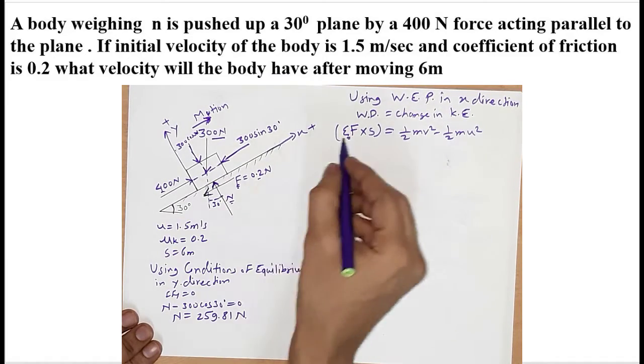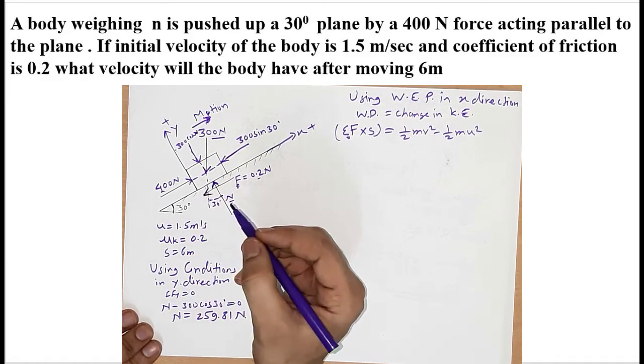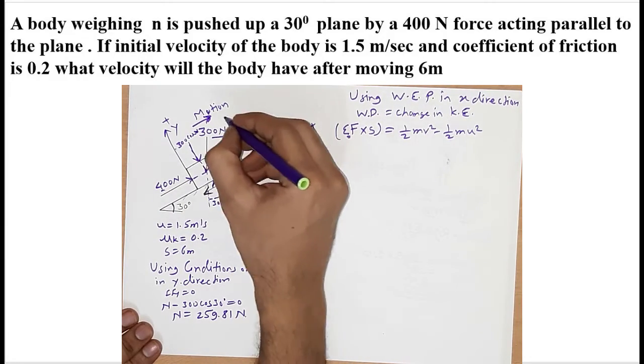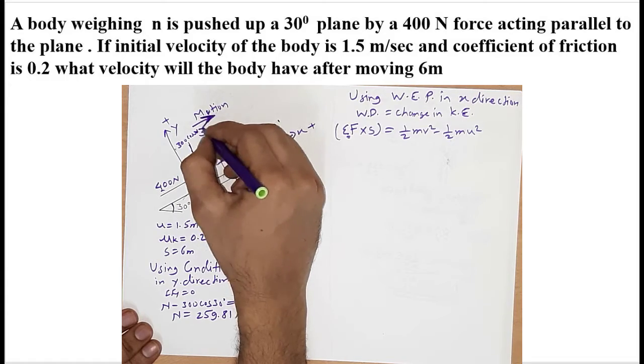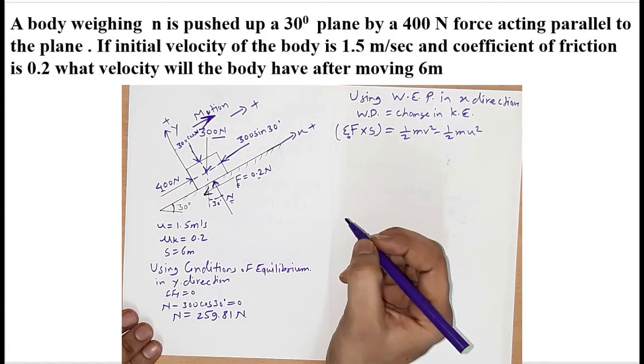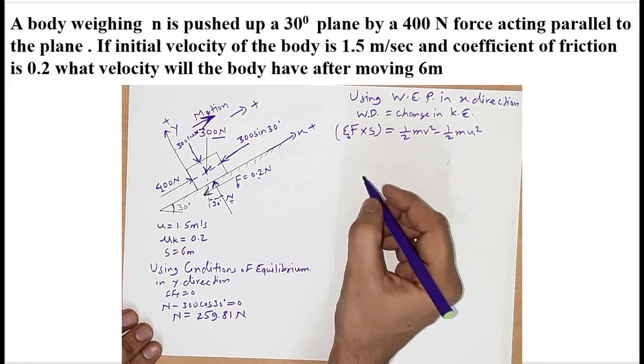The summation in x is the algebraic sum of all the forces. For sign convention, forces in the direction of motion we take as positive, and forces opposite to it we take as negative.